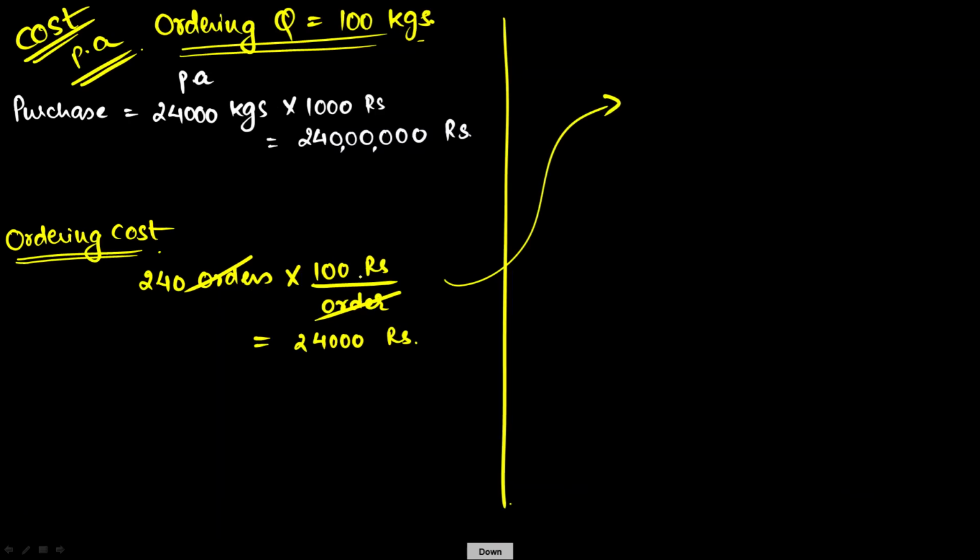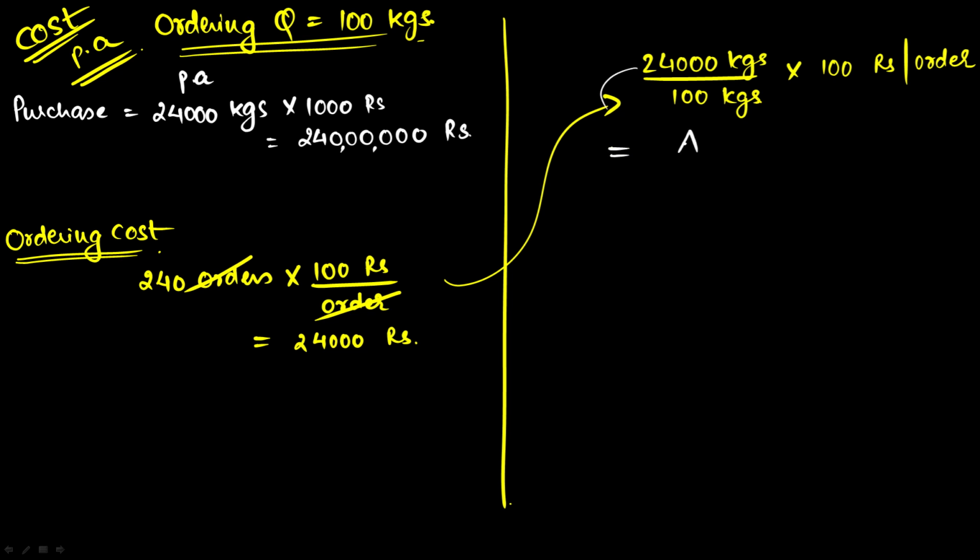So how have I found this out? 24,000 kgs divided by 100 kgs. I have got the answer of 240 multiplied by 100 rupees per order. What is the 24,000 kgs? Can you tell me what is 24,000 kgs? Okay. What is 100 kgs?